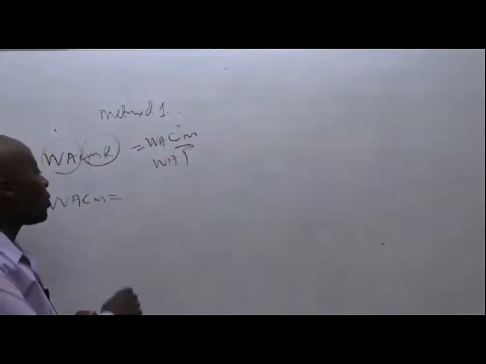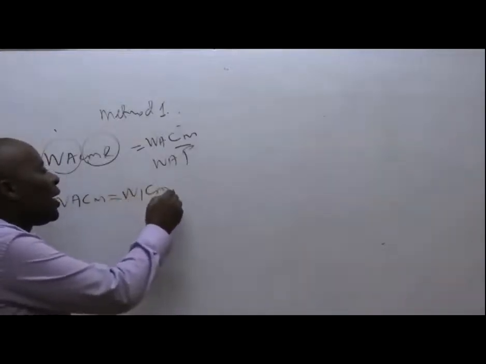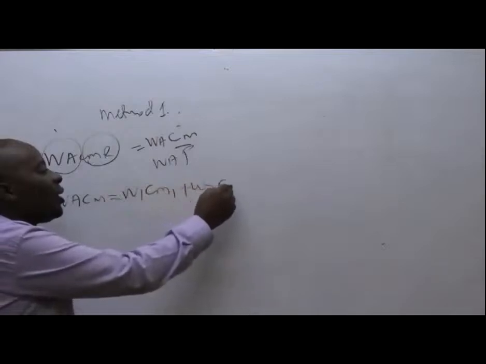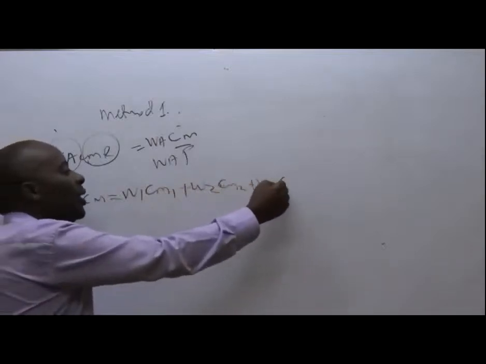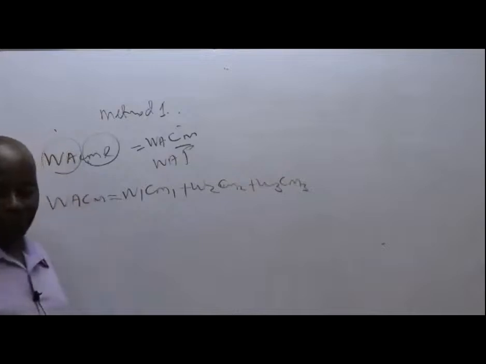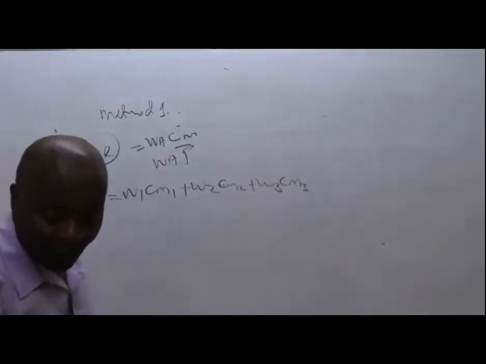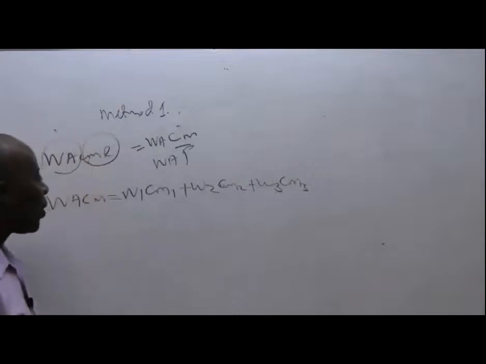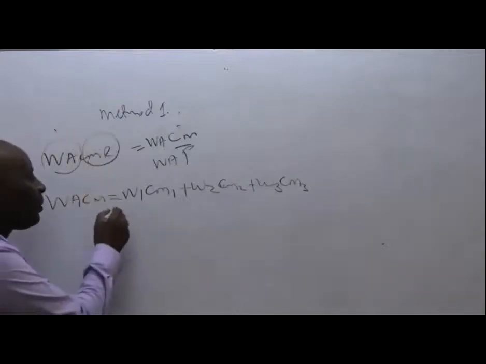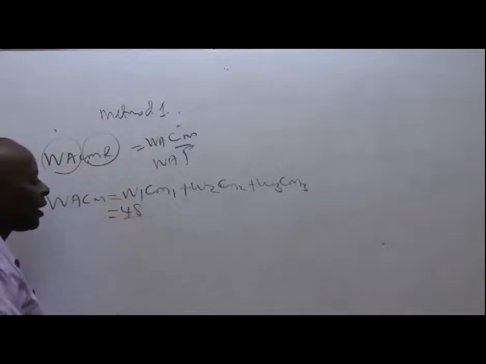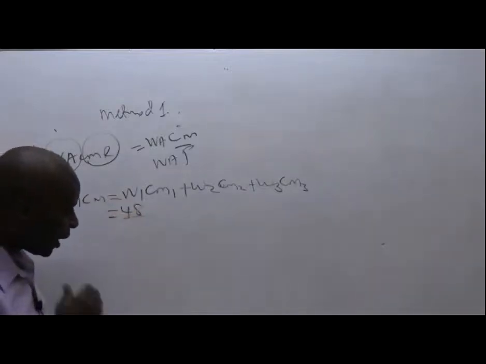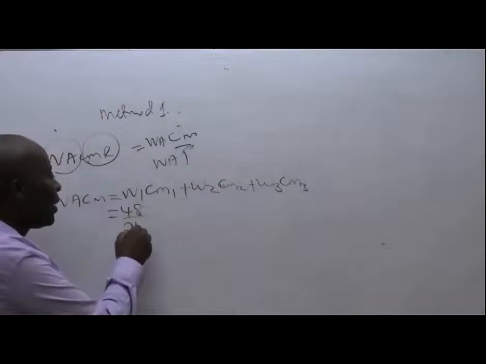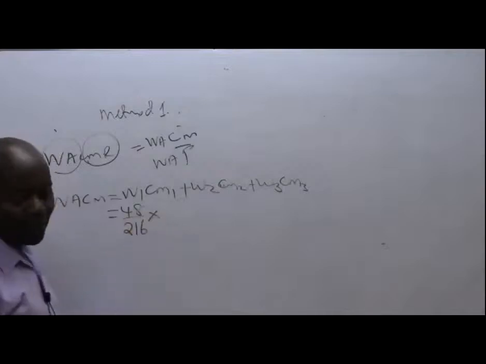So to get WACM, we take weight 1, CM1, plus weight 2, CM2, plus weight 3, CM3, like that. Now, ladies and gentlemen, what are we supposed to be having here for weight 1? You are the guys who gave me the figure. If I remember well, weight 1 was 48. 48 divided by what here, somebody? 48 divided by 216 times contribution margin 1.